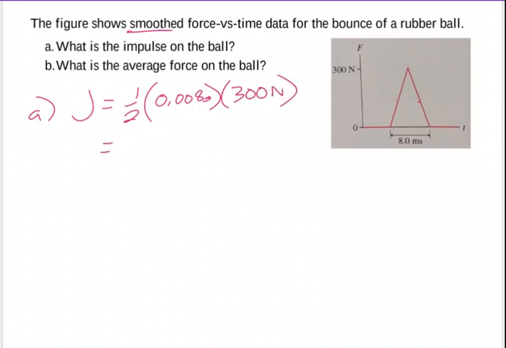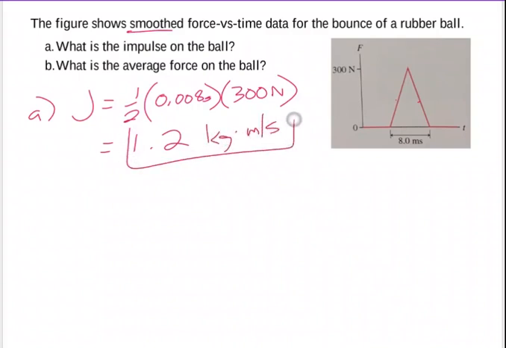What is this then? It's 1.2. Kilograms meters per second.